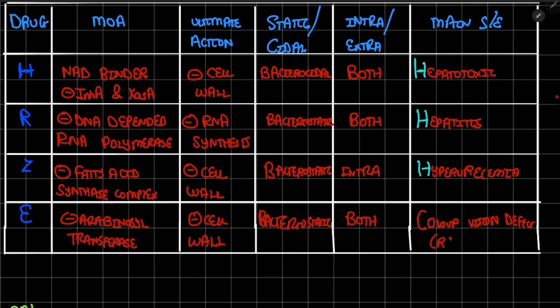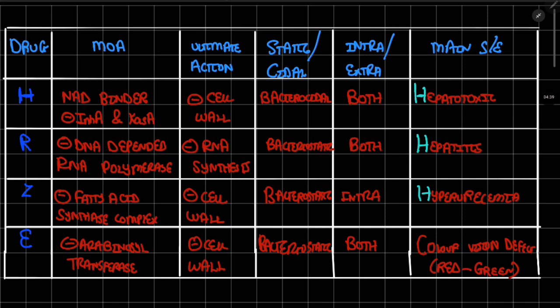And mainly red green vision. Okay, so this is the summary table for the first line drugs, which will cover all the vital information of the first line drugs. So starting with HRZE, the mechanism of action of each drug, the ultimate action, the static or cidal status, and the intracellular or extracellular acting, and the main side effect.